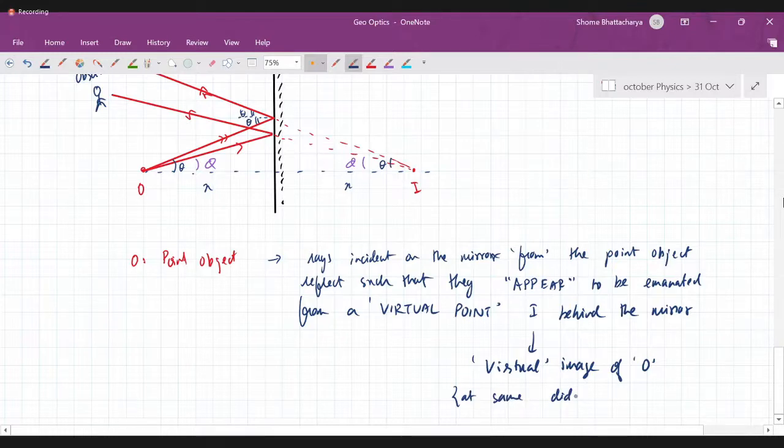Okay, so hence a point object produces a virtual point image which is at the same perpendicular distance behind the mirror as the object is in front.